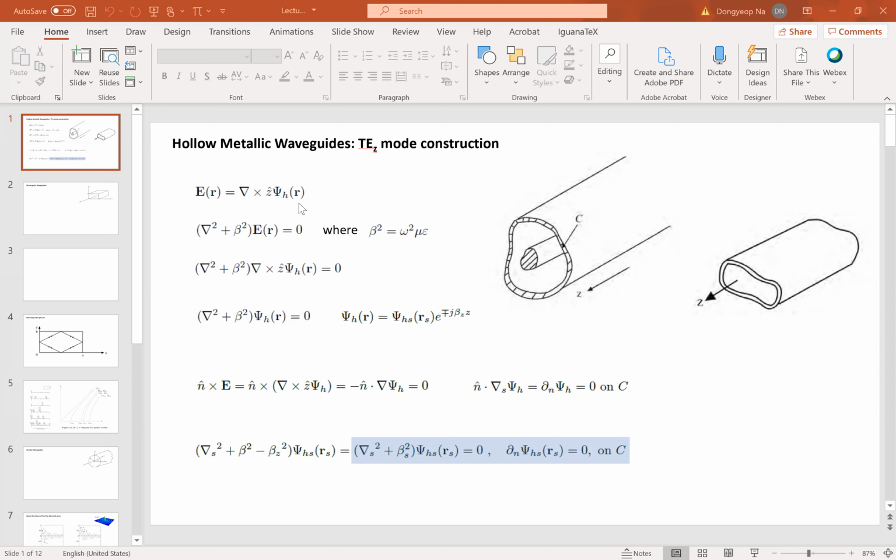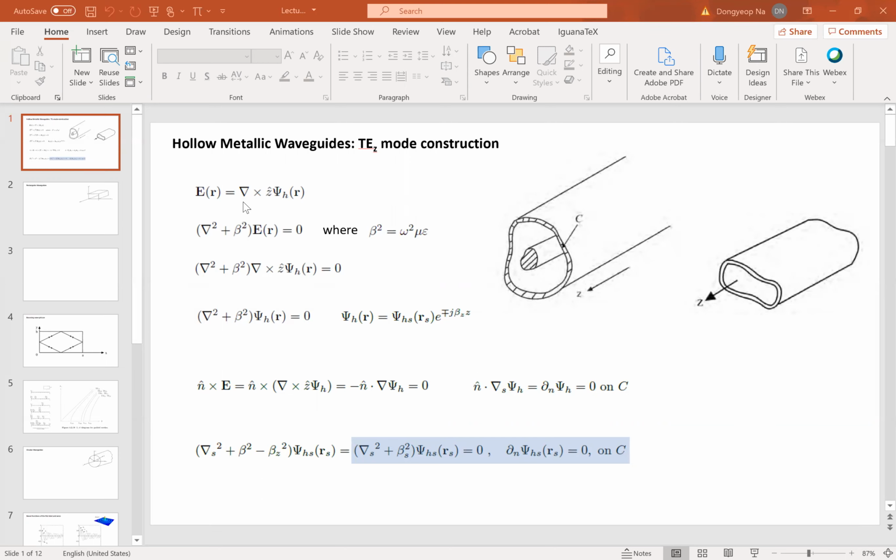This is the scalar potential, and this electric field is a solution of the Helmholtz wave equation. Beta here is the wave number of this mode, so omega squared times mu epsilon. We're going to assume that inside the metallic waveguide is just vacuum and sourceless, there are no sources, so the right-hand side becomes just zero.